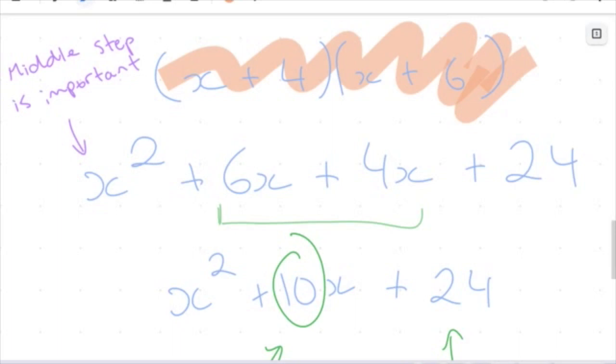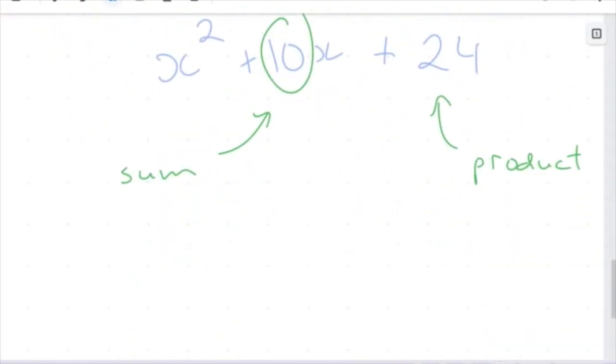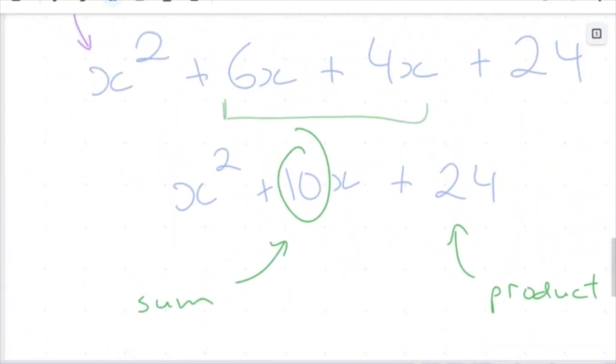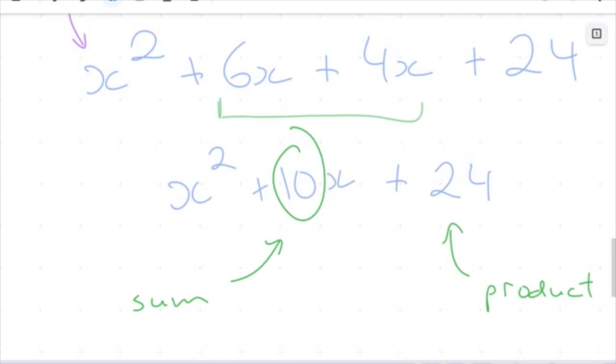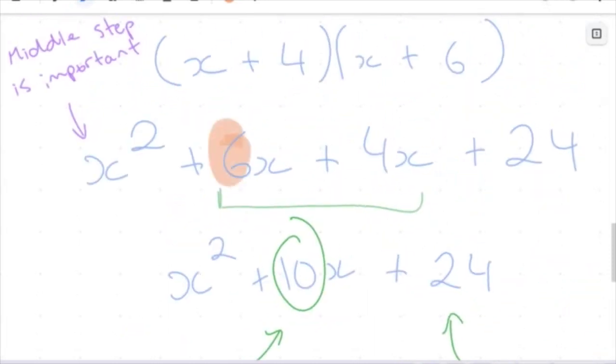So we need to break the 10 up into those two numbers. Looking from the bottom and going the other way, first we needed to find, what numbers add to give me 10 and multiply to give me 24? And then we can pop those in as the coefficients of x, because that's what ended up happening every single time. So we can use that pattern to establish a procedure, a process for factorizing.